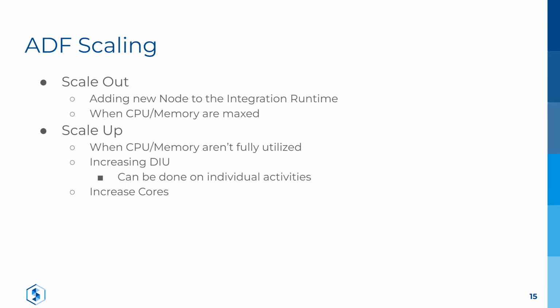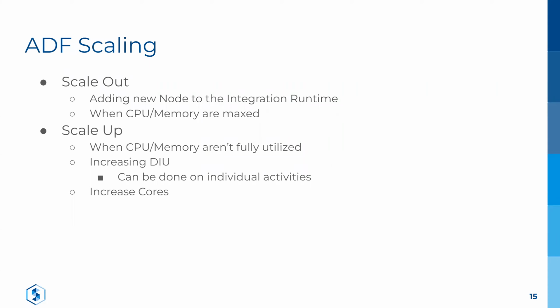Scaling ADF, as I had mentioned, is pretty straightforward. You of course have your two options there, scale out and scale up. Scaling out consists of adding a new node to the integration runtime, so you can have multiple processors within your integration runtime. You use this when your CPU and memory are capping out, when you notice the resources are maxed out and you might need to add another node.